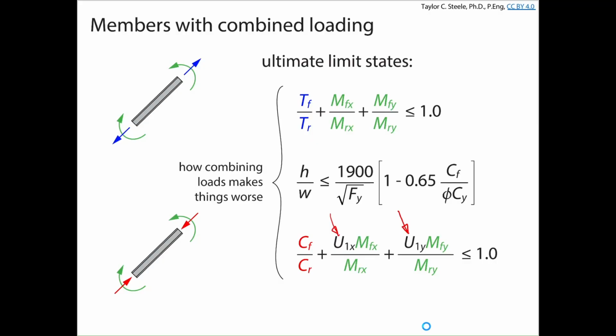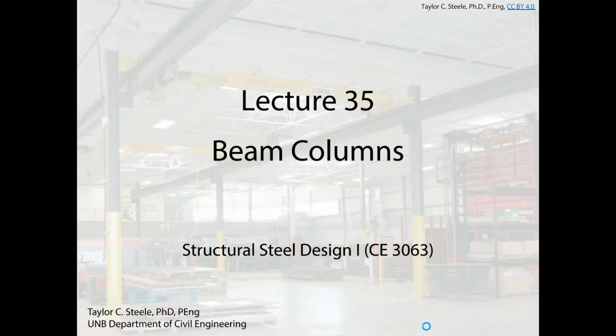Because we're looking at strength as well as stability, instead of just yielding of the tension flange and buckling of the compression flange, here we're going to have yielding of the compression flange, buckling of the compression flange in a lateral torsional mode, and also the potential for flexural buckling exacerbated by the presence of a strong axis or weak axis bending moment on the cross section. So there are 3 limit states that we're going to look at today, and these U1X and U1Y factors that come into the interaction equation are the things we're going to focus on.